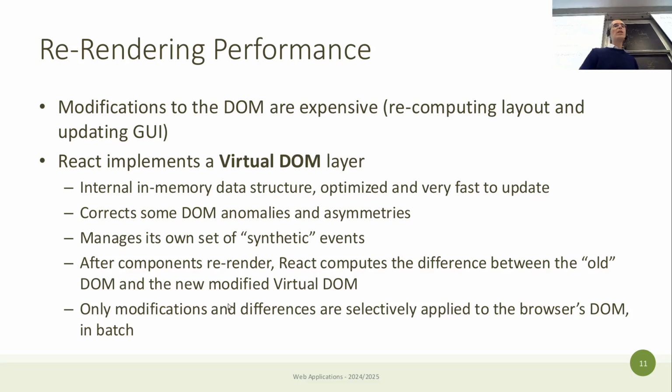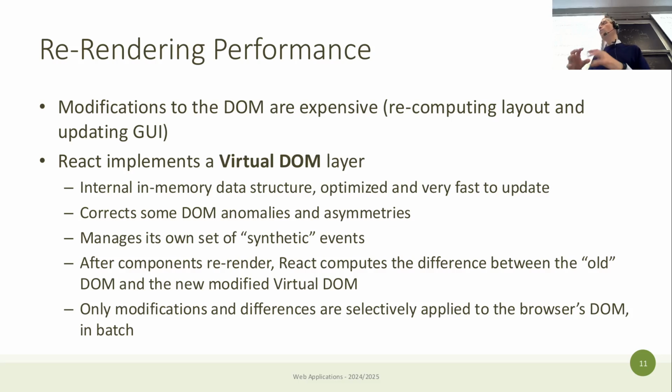Since modifications to the DOM are expensive for the browser, such as appending a new child somewhere in the DOM, removing an element, or changing the style, every time you make a modification the browser has to recompute the layout and the appearance of some part of the interface.